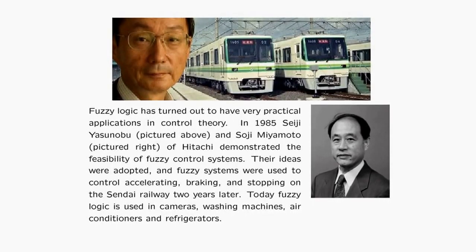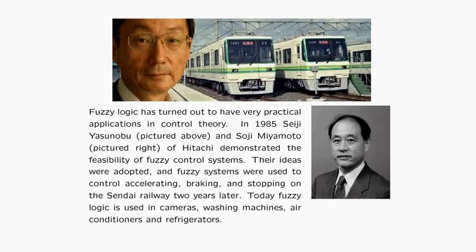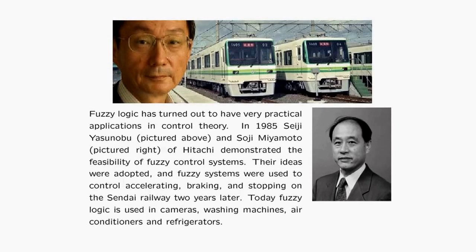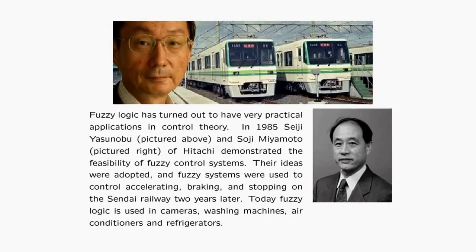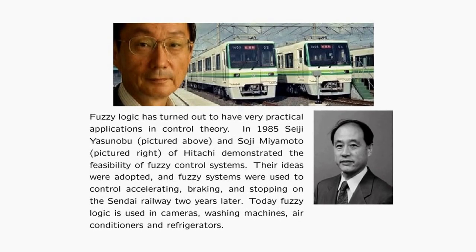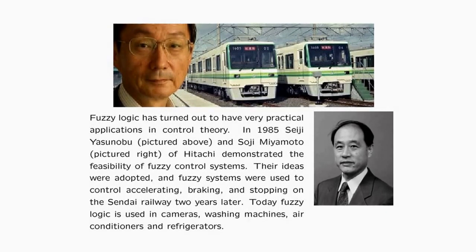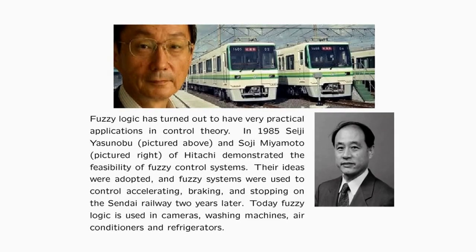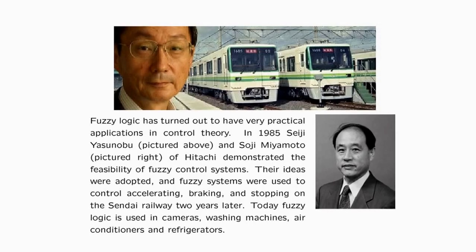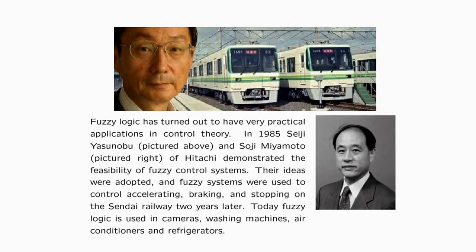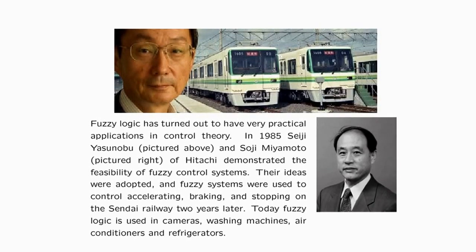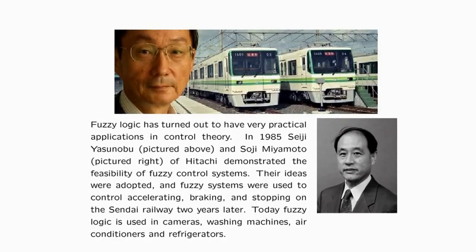In 1985, Yasunobu and Miyamoto of Hitachi demonstrated the feasibility of fuzzy control systems. Their ideas were adopted, and fuzzy systems were used to control accelerating, braking, and stopping on the Sendai Railway just 2 years later. Today, fuzzy logic is used in cameras, washing machines, air conditioners, and refrigerators.